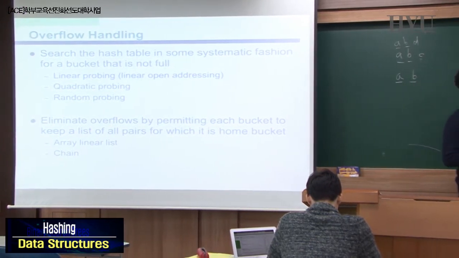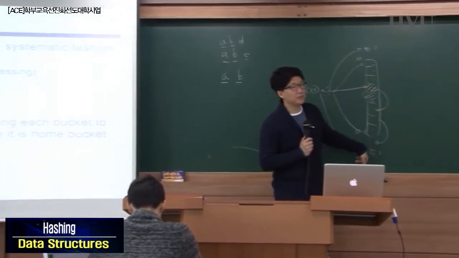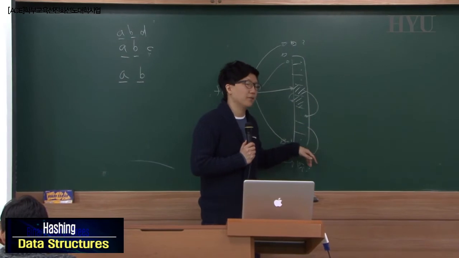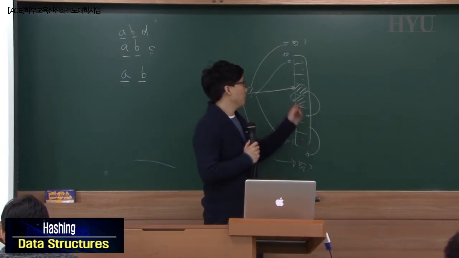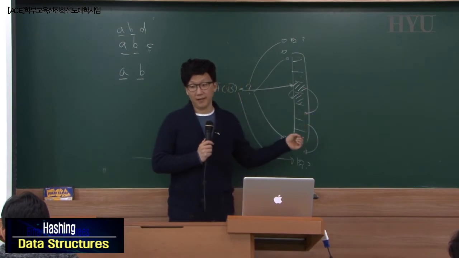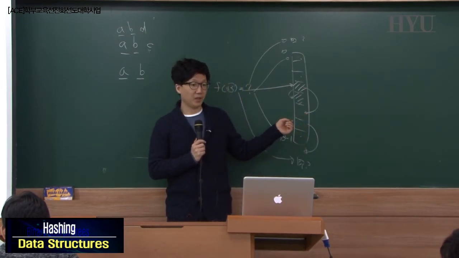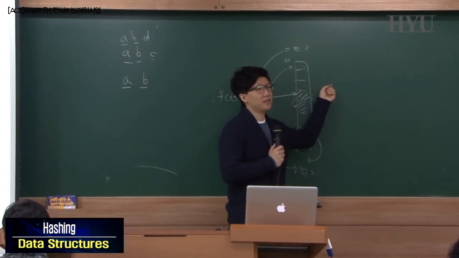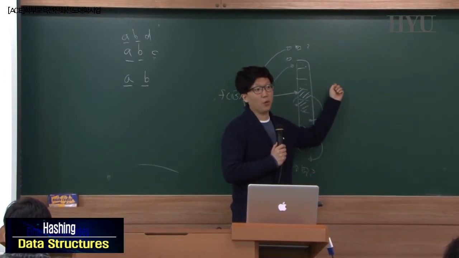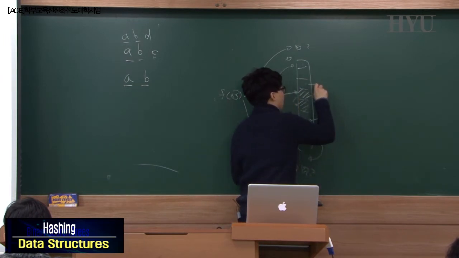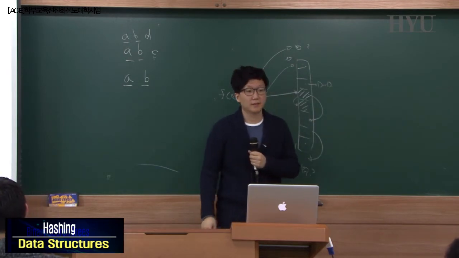Or within the same structure, you try to find the empty spot, whatever ways you can find. Or maybe we can keep this as a single array and put it in. We can put multiple pairs in the same location by putting an array, or simply put something like this.